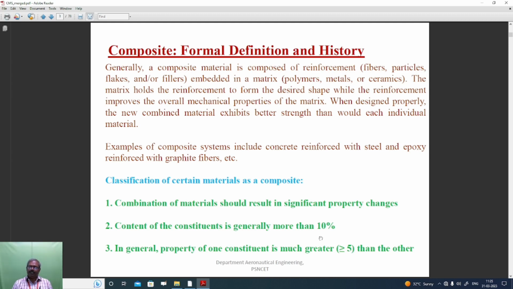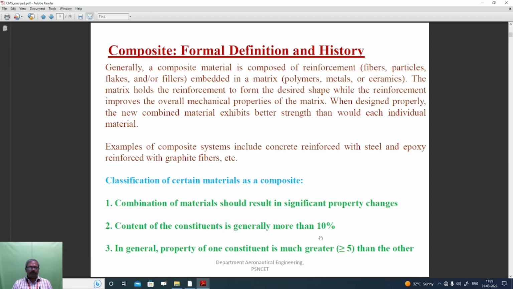When designed properly, the new combined material exhibits better strength than would each individual material. Examples of composite systems include concrete reinforced with steel and epoxy reinforced with graphite fibers, etc.